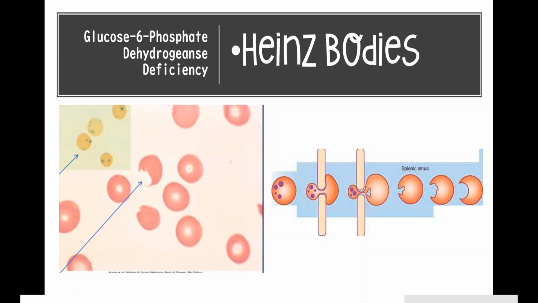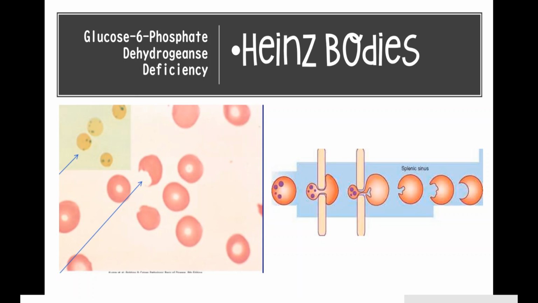And if there is an abundance of Heinz bodies in the membrane of the cell or in the cytoplasm of the cell, that will eventually cause the destruction of the cell. So again, good thing we have the hexose monophosphate pathway that will prevent the oxidation of the hemoglobin. Now, you may be wondering what happens to those individuals with G6PD deficiency.